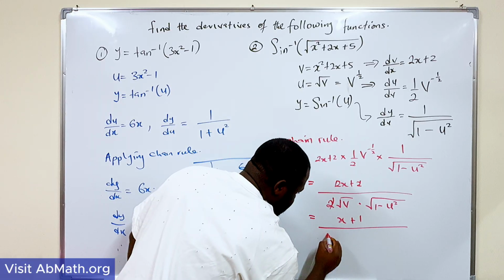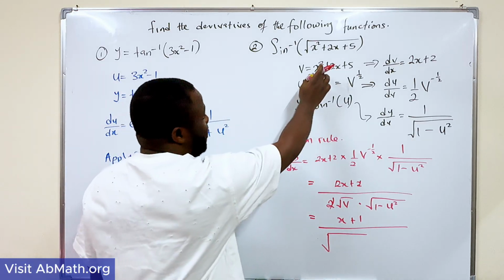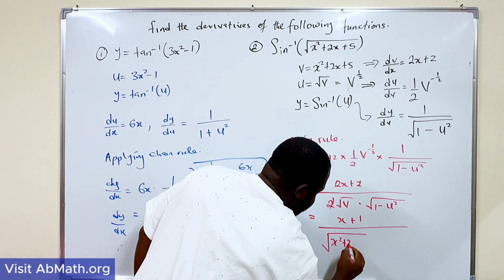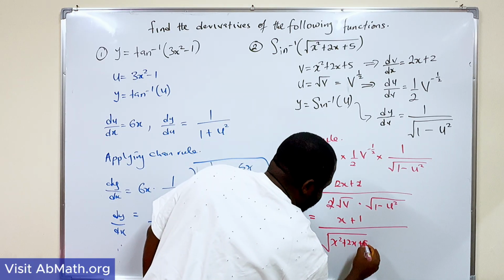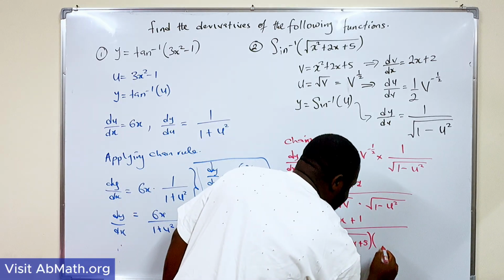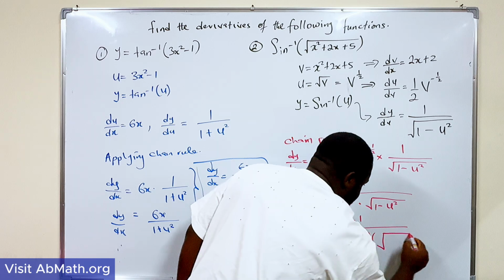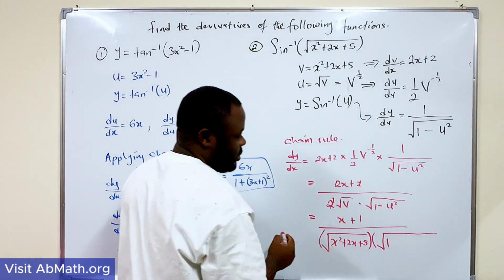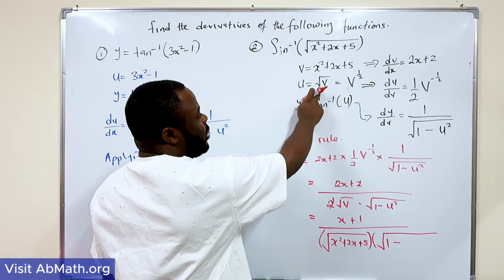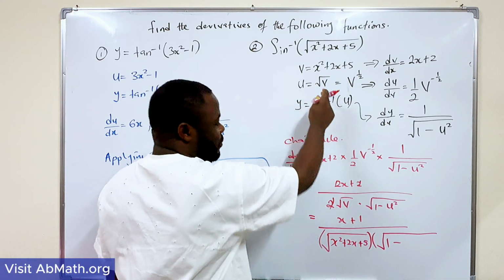So what is v? v is our quadratic, x squared plus 2x plus 5, right? Then for this, we have multiplied by square root of 1 minus u squared. What is u? u is square root of v.